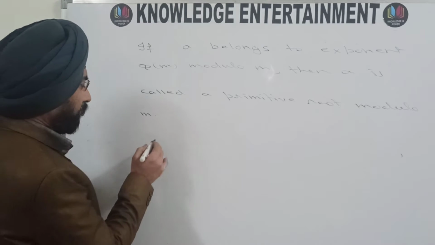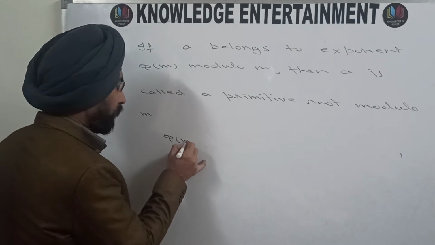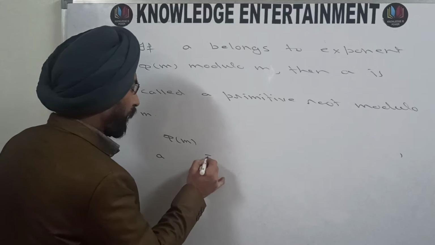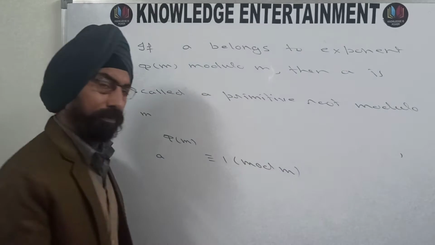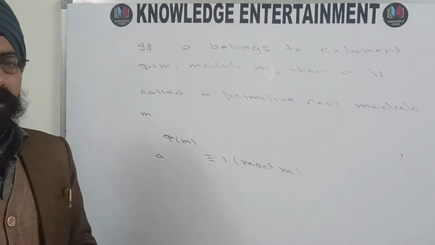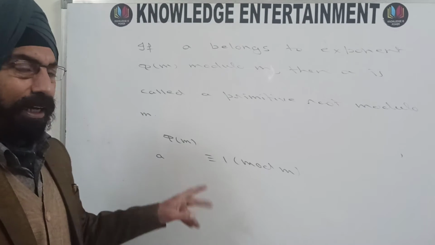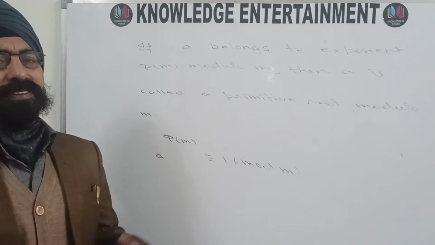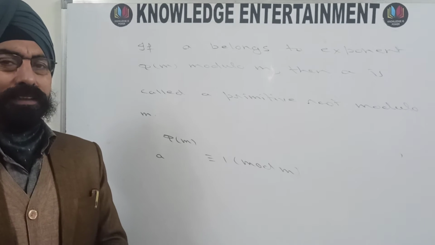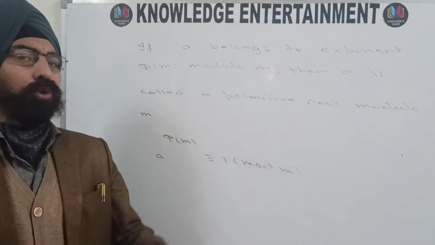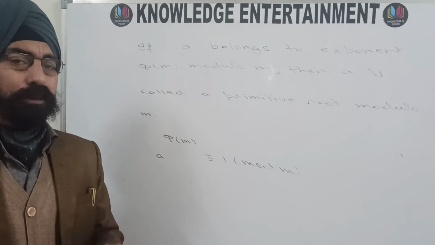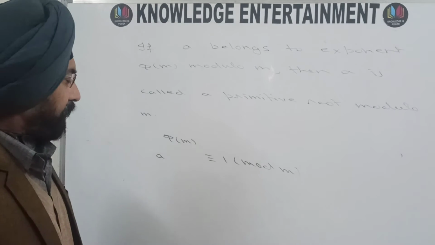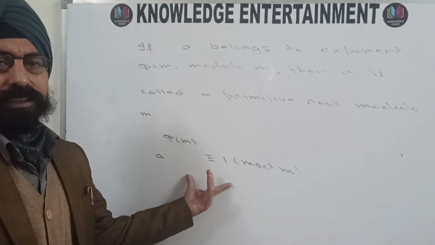That means phi m. We know that a raised to the power phi m is congruent to 1 modulo m. That is true because of Fermat's little theorem. But now phi m should be the smallest positive integer satisfying this condition. If a is to be a primitive root modulo m, then phi m should be the smallest positive integer which satisfies this congruence.